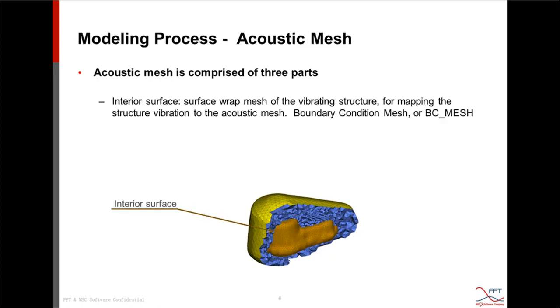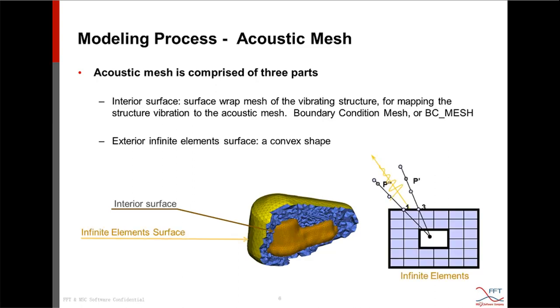The first one is an interior surface. This is a tight wrap surface surrounding the vibrating structure, and the purpose is to map the structure vibration to the acoustic mesh. In Actran terminology, we call this surface a boundary condition mesh surface, or simply a BC mesh surface.